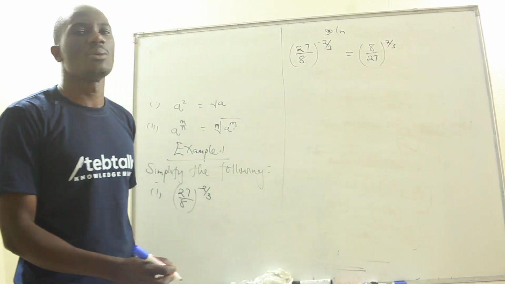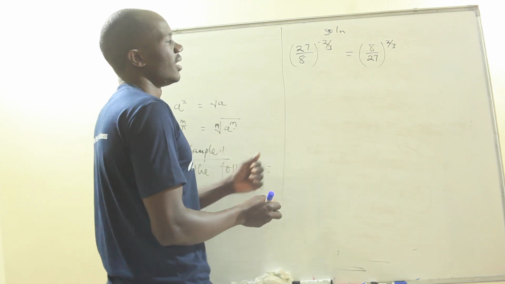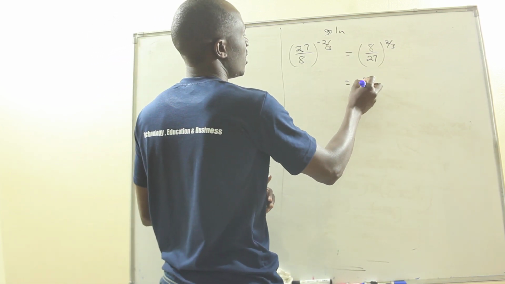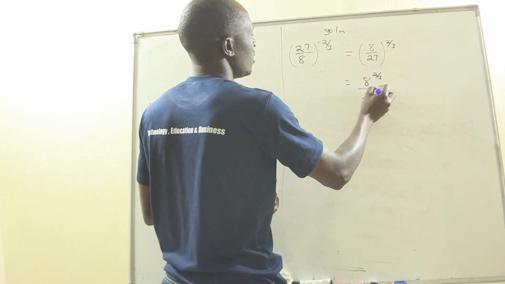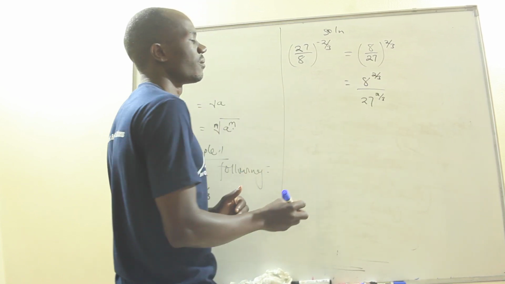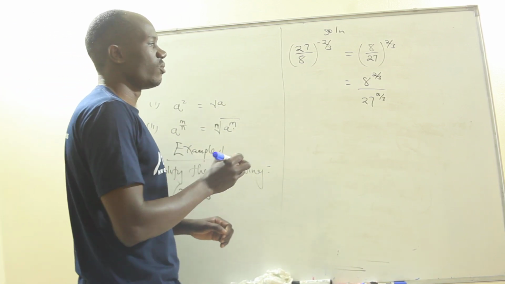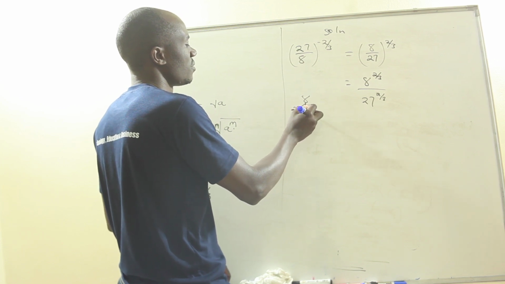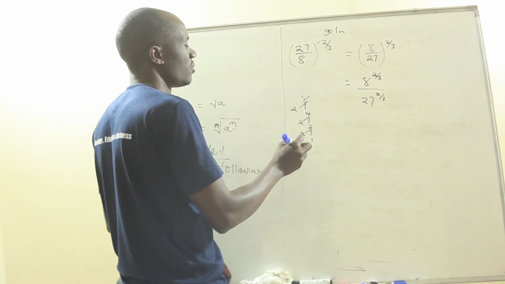So when you take the reciprocal, the power becomes a positive, and every number takes the power. So this is 8 power 2 out of 3 over 27 power 2 out of 3. Again we break using our factor tree. Break 8: by 2 you get 4, by 2 you get 2, by 2 you get 1.